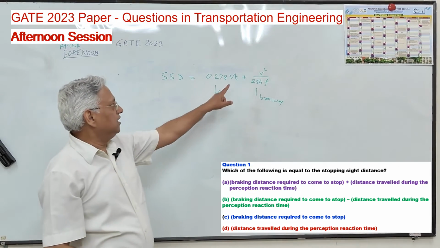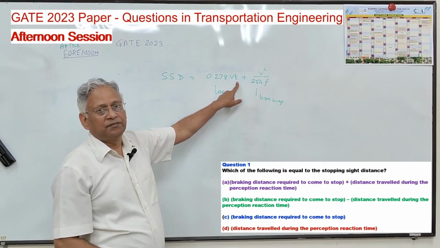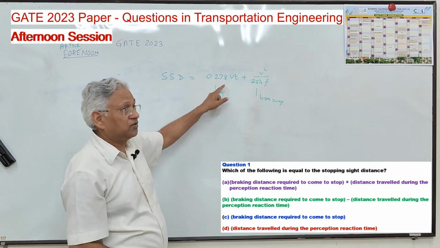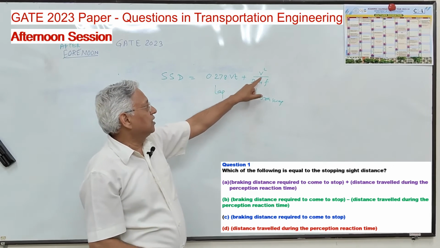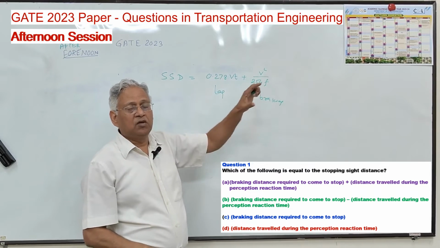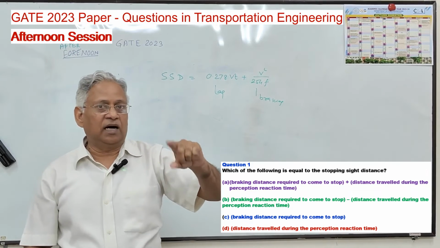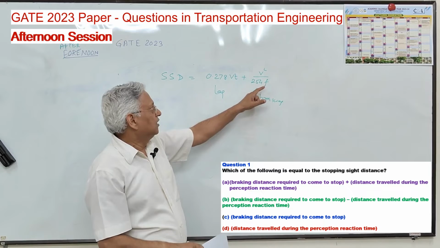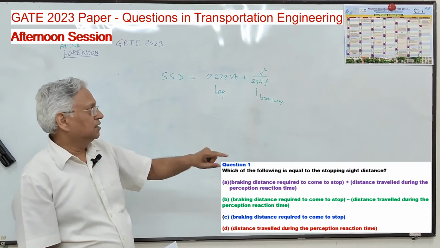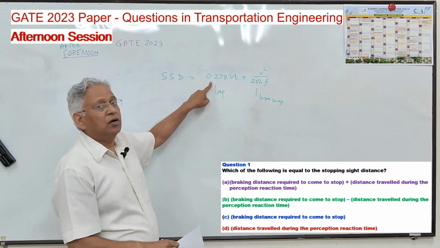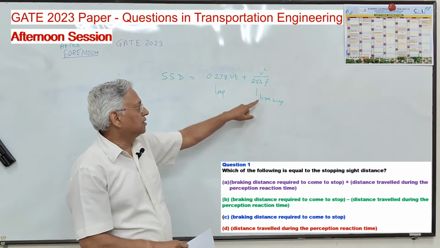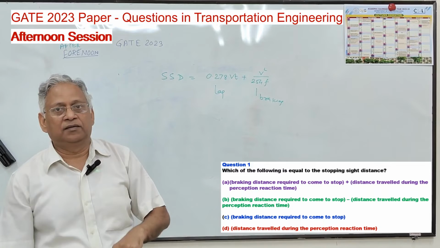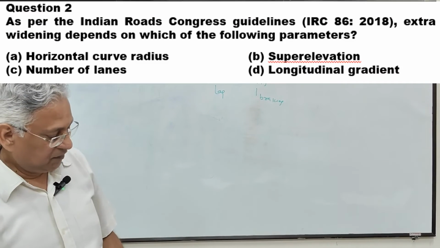Here small t is the perception reaction time, and that is why sometimes this is also called perception reaction distance, and this is the distance required to stop, because once you apply the brake, after that you need V square upon 254F. So the correct option is lag distance or perception reaction distance plus braking distance. That is option A.